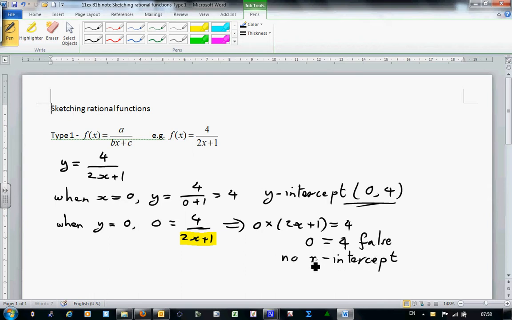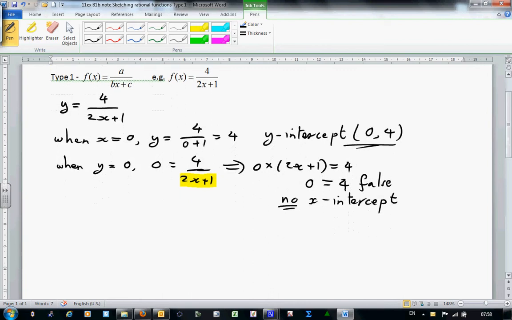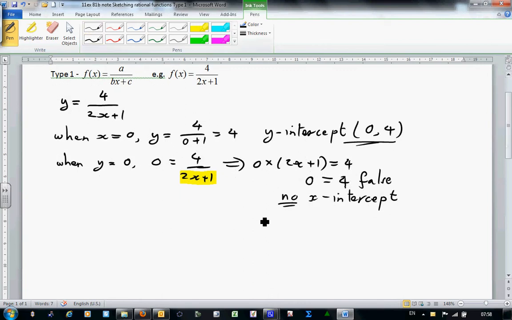Right, now what we're going to do next is look at if we can find the asymptotes. And we know the easiest one is to find the vertical asymptote. And we discussed before, this is when the denominator is 0.